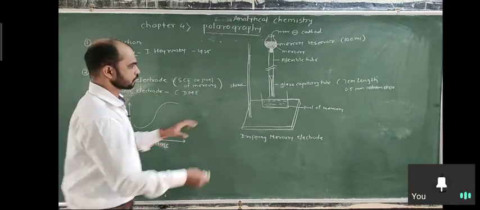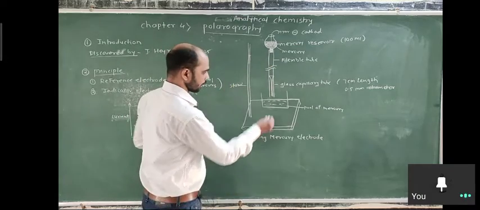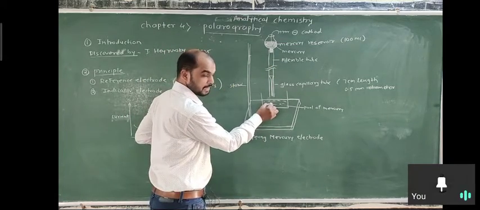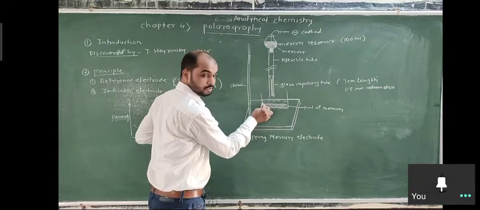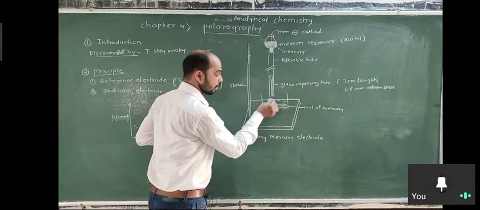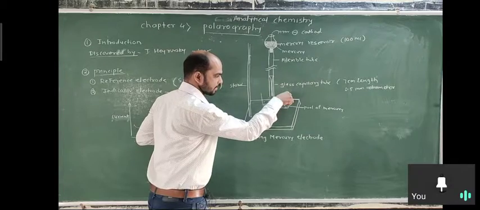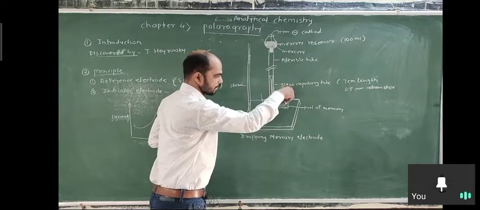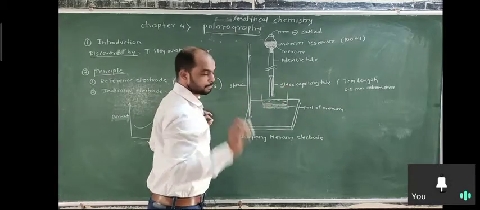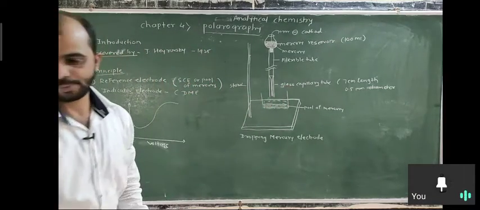Suppose here is one electrode, here is the solution to be analyzed. Here the dropping mercury electrode is used, the pool of mercury is used, or sometimes another electrode is placed here, which is the calomel electrode. We are going to discuss this in the principle. So it is all about the introduction.